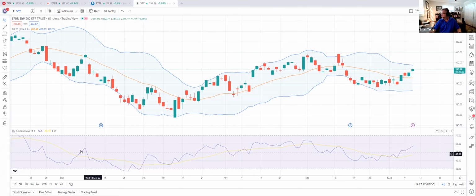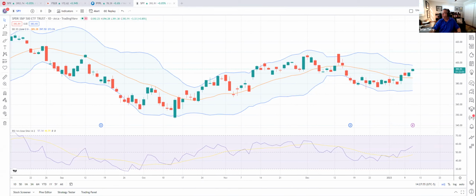So a lot of times people will look at this and say, okay, now it's gotten my attention. It's below, in the completely oversold situation. So I'd be looking to say, okay, is this a time for a reversal? Does that make sense? So that's RSI, Relative Strength Index.